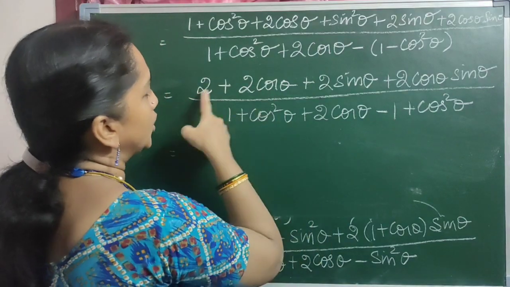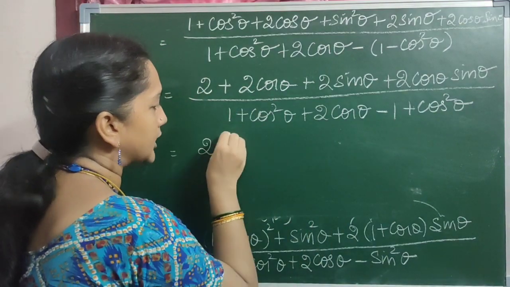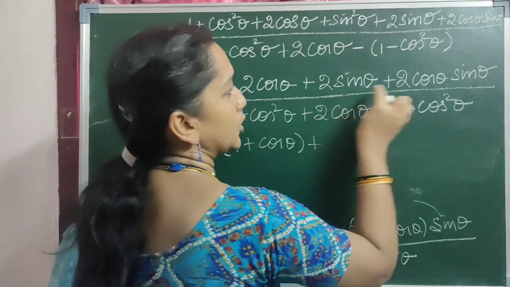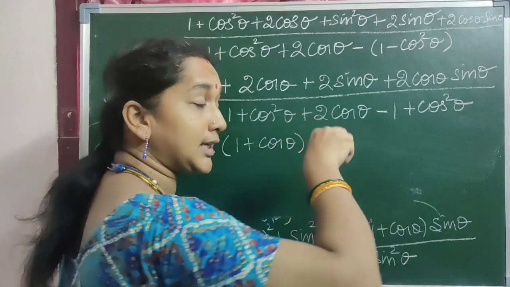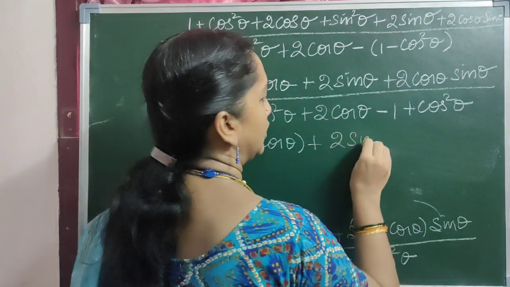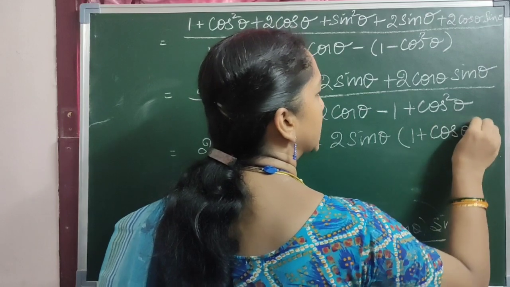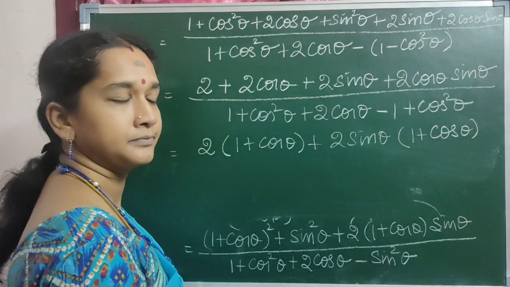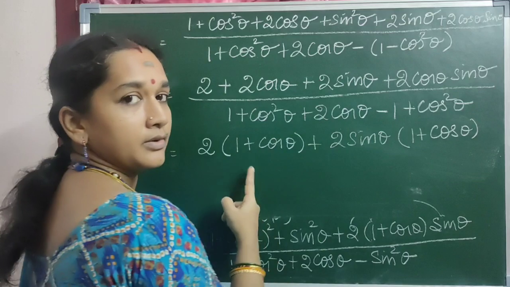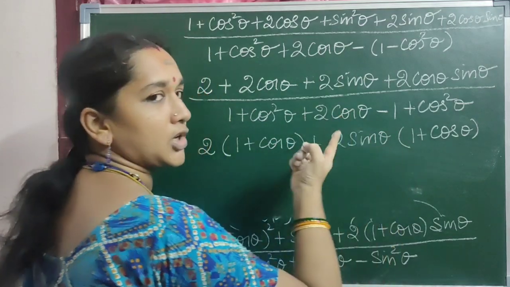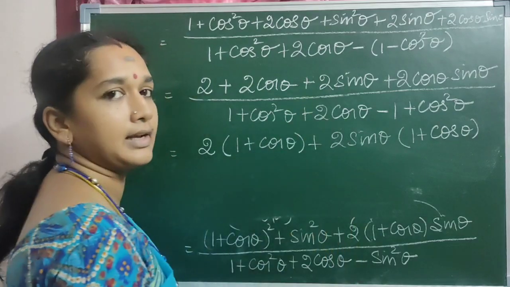So here also you can take this 2 as common. You will get it as 1 plus cos theta. Here also in these two you can take 2 sin theta outside. So balance will be 1 plus cos theta. When you write like this, you can take this 1 plus cos theta common.